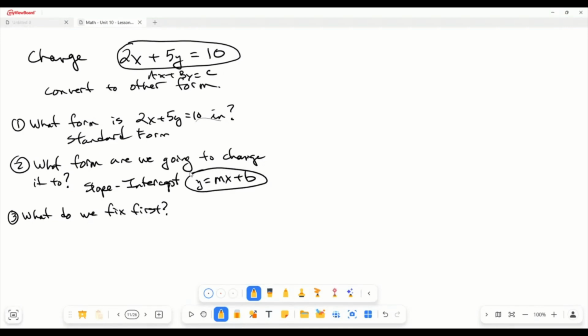What do we fix first? Go back and look at the other examples that we did just like it. We've got to get the y by itself. Do we subtract 2x and bring it to 10?